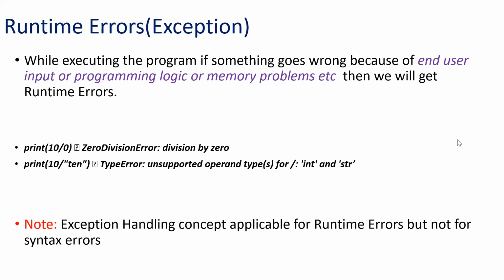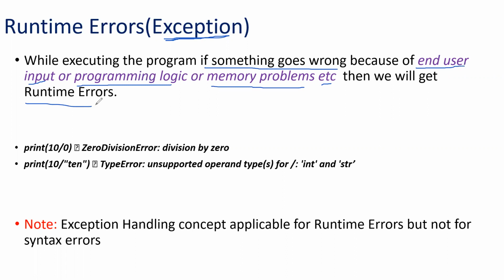Runtime errors are exceptions, and we need to handle them. While executing the program, if something goes wrong because of end user input, logic, memory problems, etc., then we'll get a runtime error.